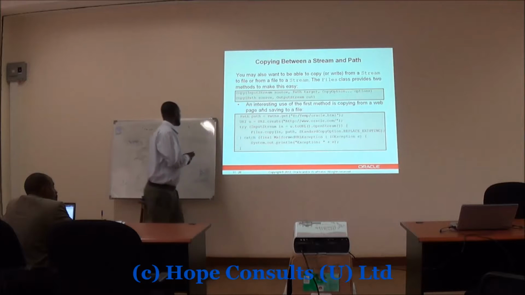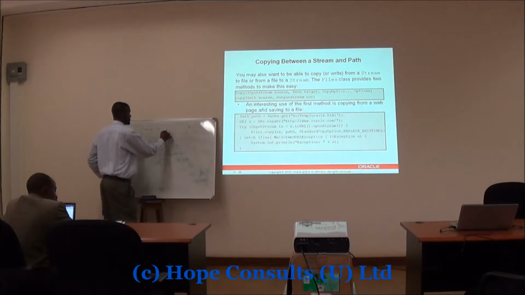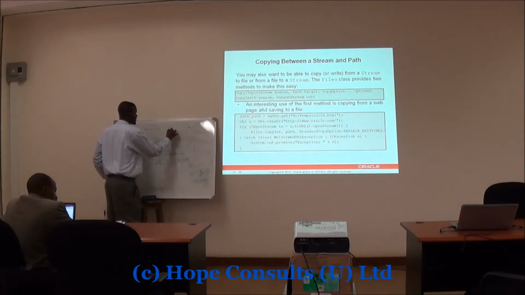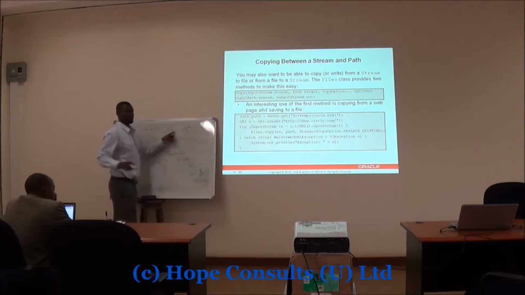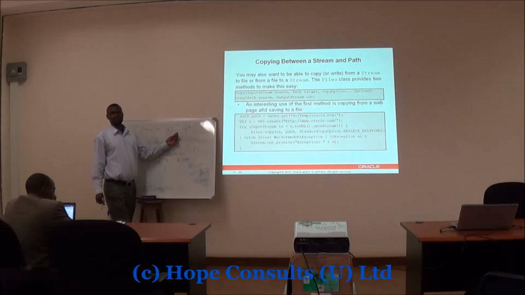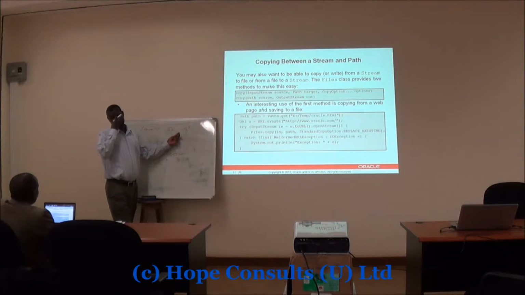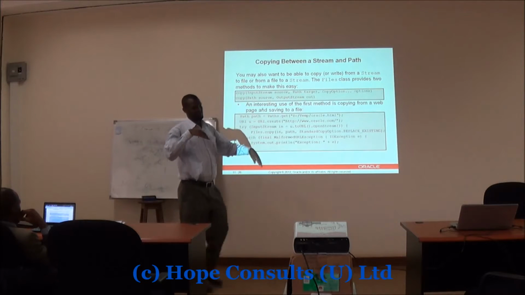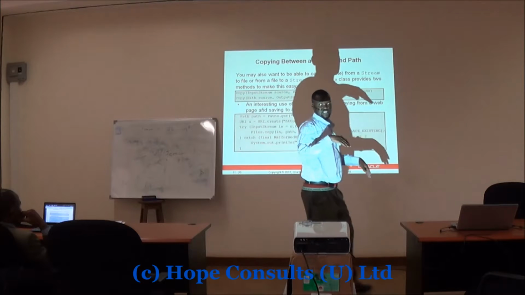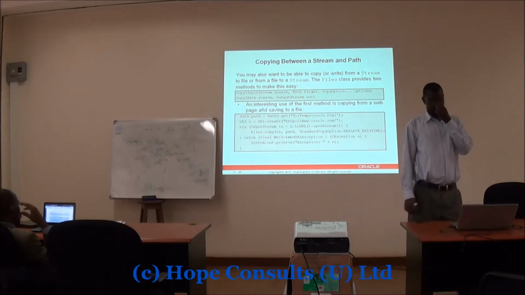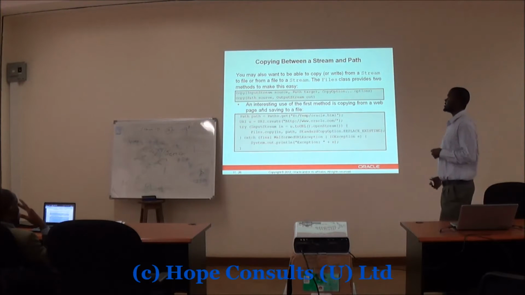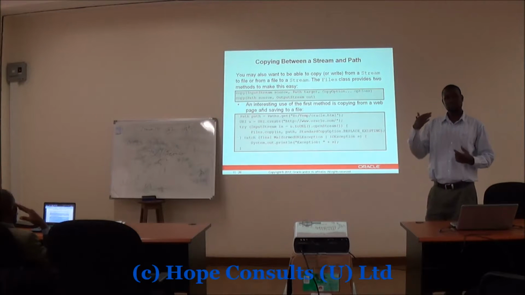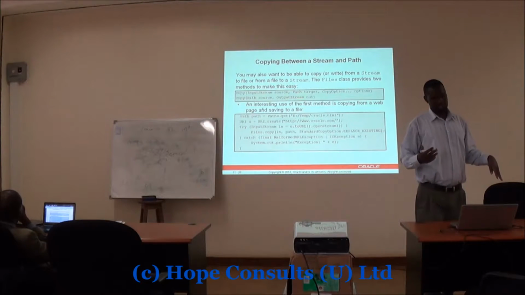The other way was file system disk A to disk B without involving the JVM, the Java virtual machine. But in this case, you will read that data to memory, then send it back to disk. So that is copying between streams. Read it up to memory, then write it back.